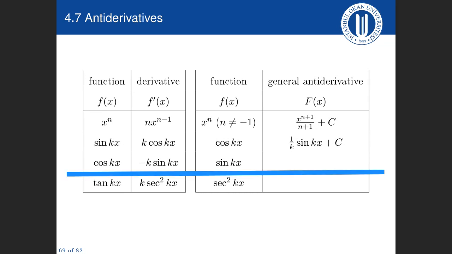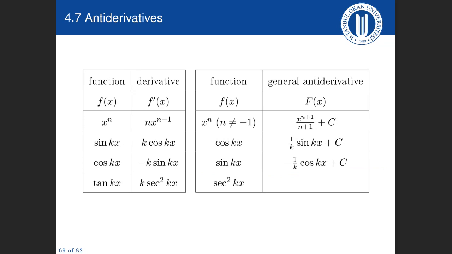If we differentiate cos, we get minus sine. So the opposite of that, the general antiderivative of sine, must be minus cos. And again, if we differentiate, we multiply by k. So when we do an antiderivative, we divide by k.